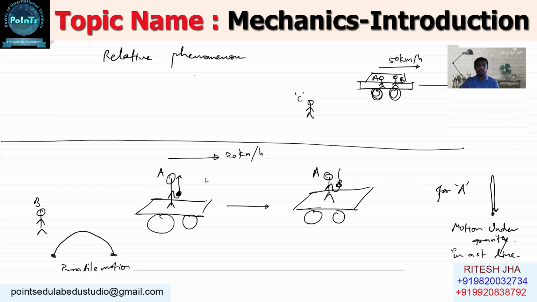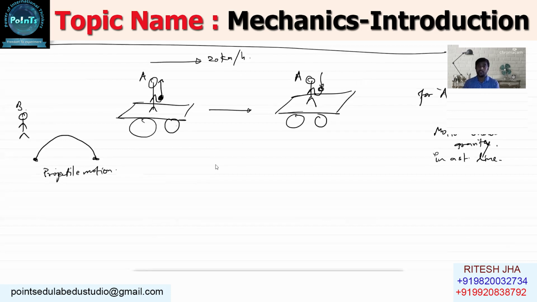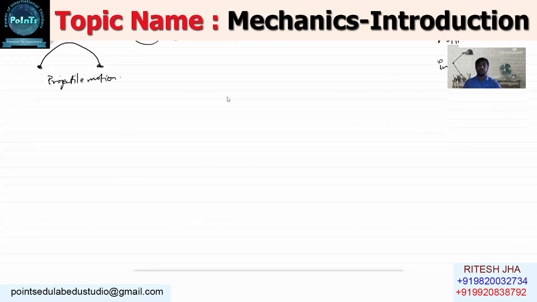This is all because motion is a relative phenomenon. With this basic mechanics, you will be able to understand the general relativity or the special theory of relativity also, if later you do a course in those things.